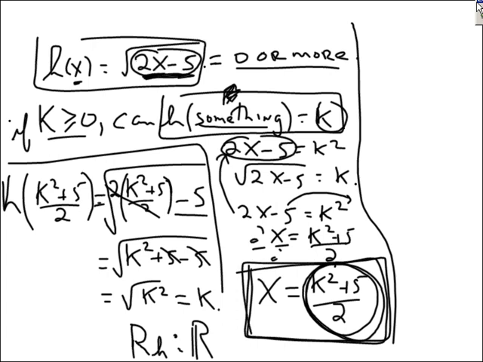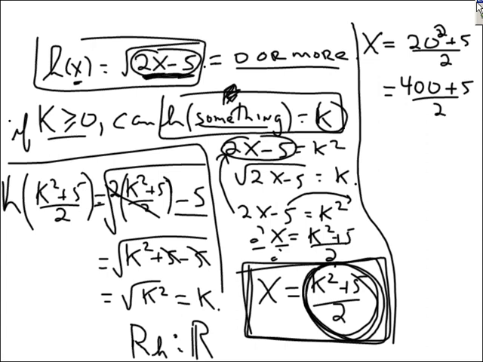If I want 20, so k is 20, x is 20 squared plus 5 over 2. 20 squared is 400, plus 5, over 2. It's 405 over 2. I claim that h of 405 over 2 is 20.